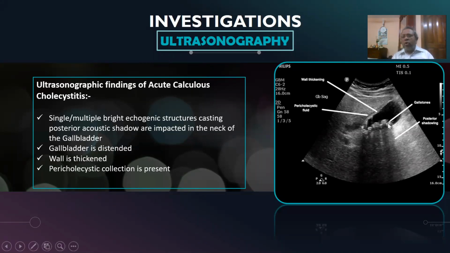If there is only an echogenic structure and no shadow, then you think that it is probably not a stone. But what is it? It could be a gallbladder polyp, because if there is a gallbladder polyp, there is a protrusion within the lumen.